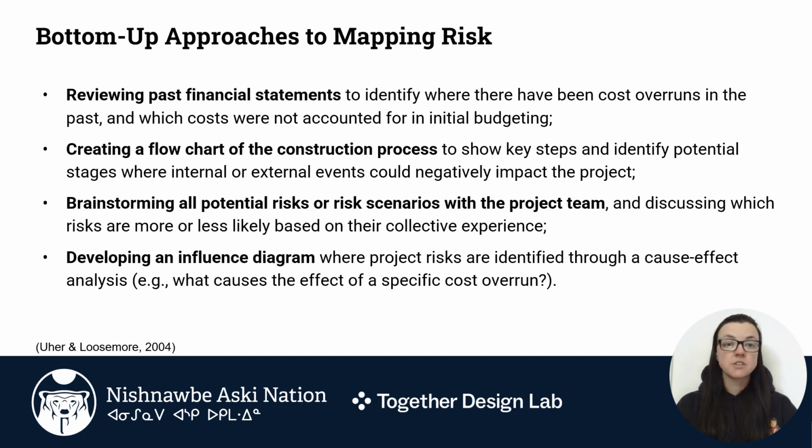Brainstorming all potential risks or risk scenarios with the project team, and discussing which risks are more or less likely based on their collective experience. Developing an influence diagram where project risks are identified through a cause-effect analysis. For example, what causes the effect of a specific cost overrun?